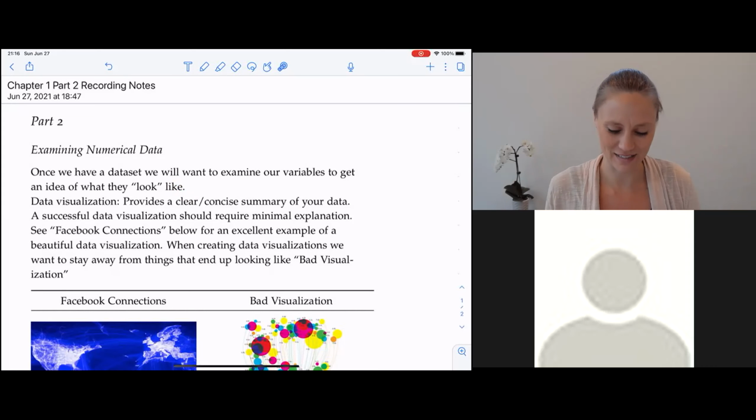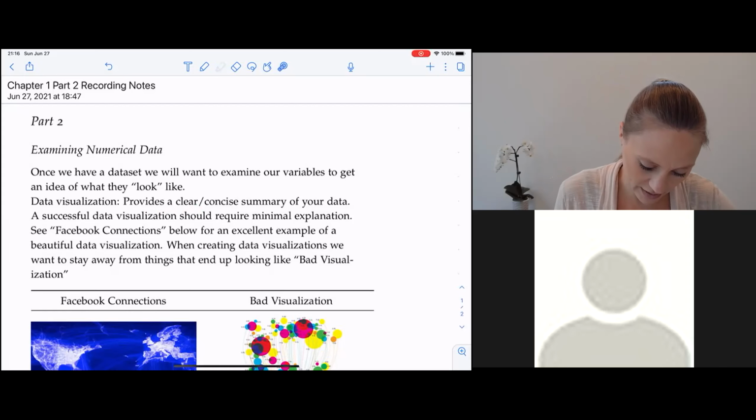That gets really tedious and it's hard to extract any information from just looking at your data. So instead we use data visualization, and the goal is to provide a clear and concise summary of your data.